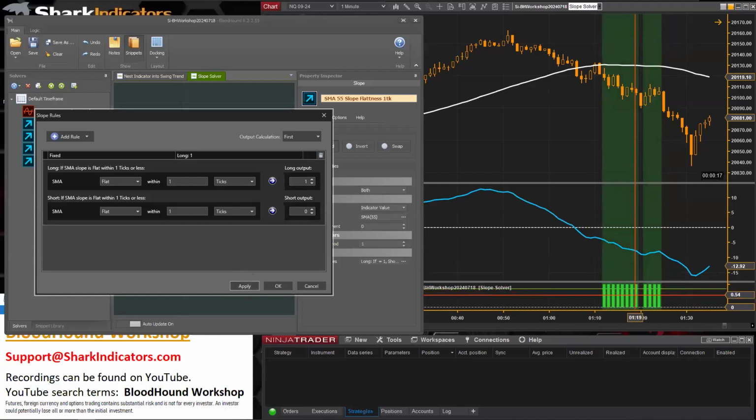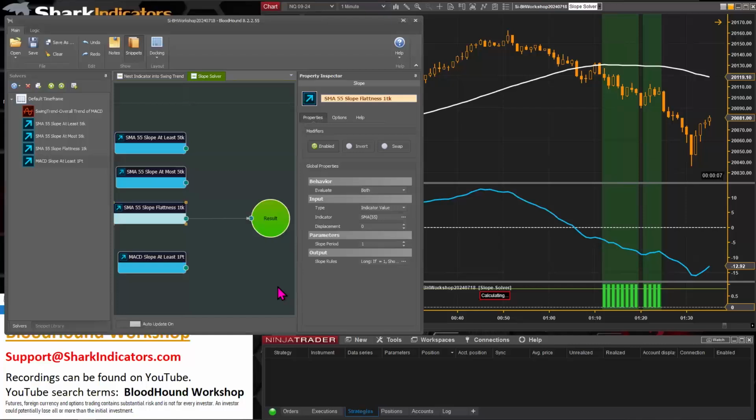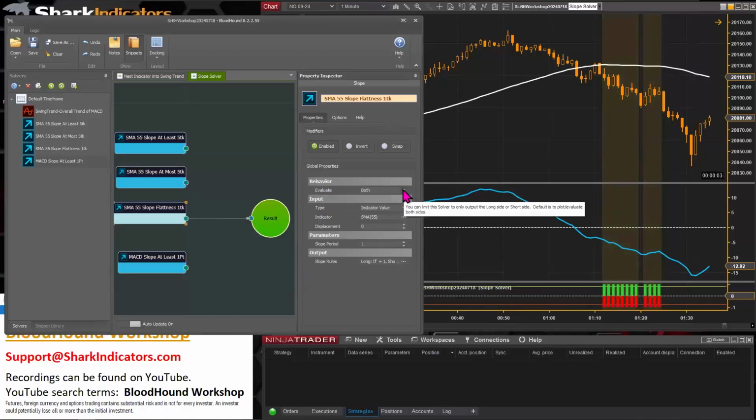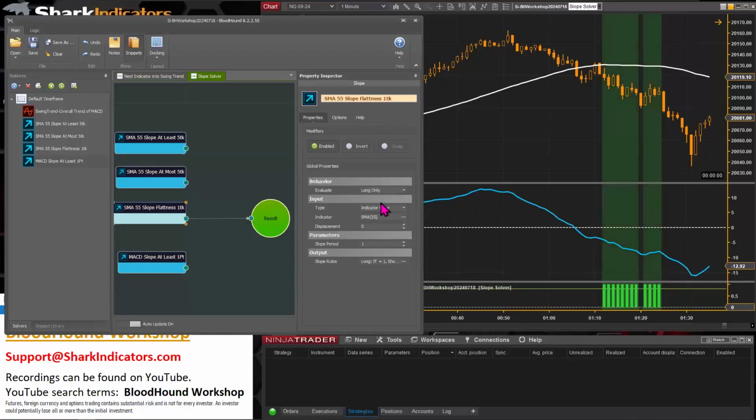Now we only have a long output because I set the short output to 0. Or I could go into the evaluate and say only show me the long output, and I get the same result.